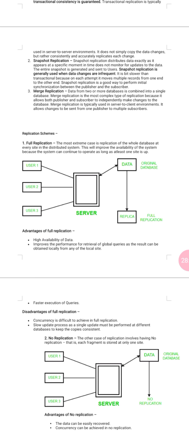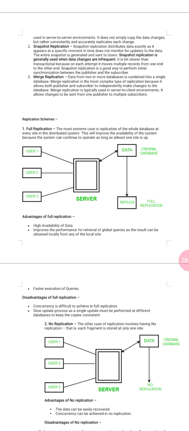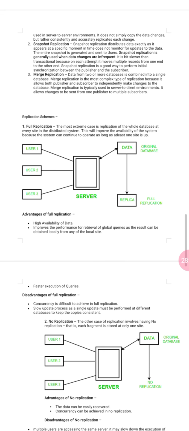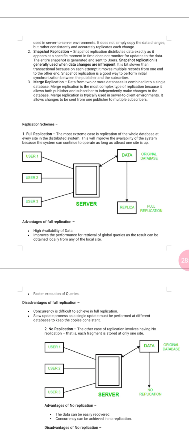Next is merge replication. Data from two or more databases is combined into a single database. Merge replication is the most complex type of replication because it allows both publisher and subscriber to independently make changes to the database.